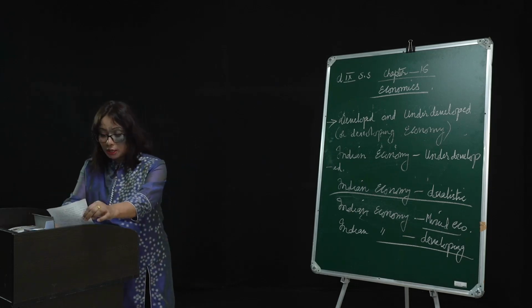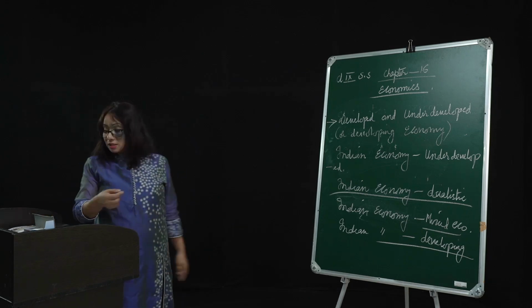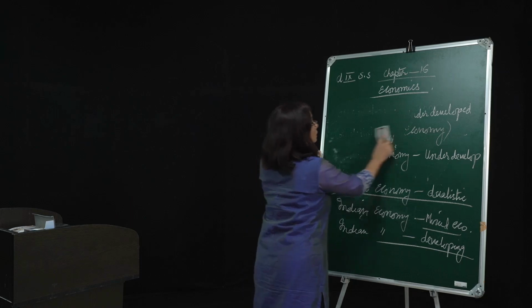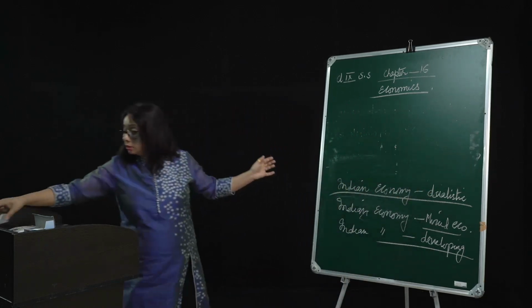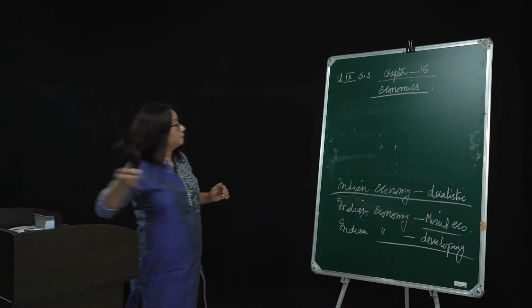Now the next point that I would like to move on to is Indian economy, a planned economy. All these are points that we have discussed thoroughly in the previous headings or in the previous class.